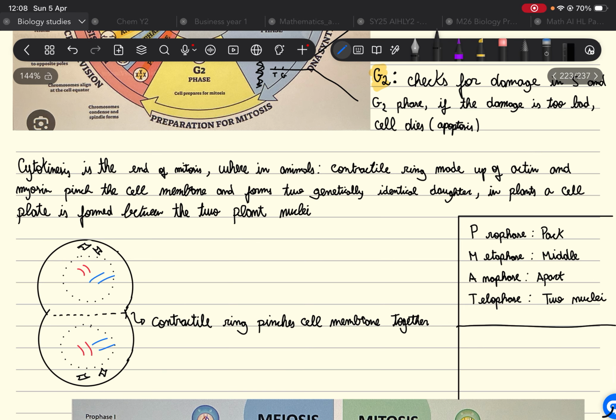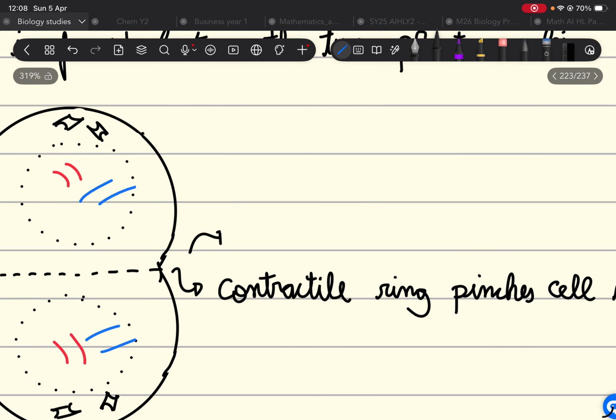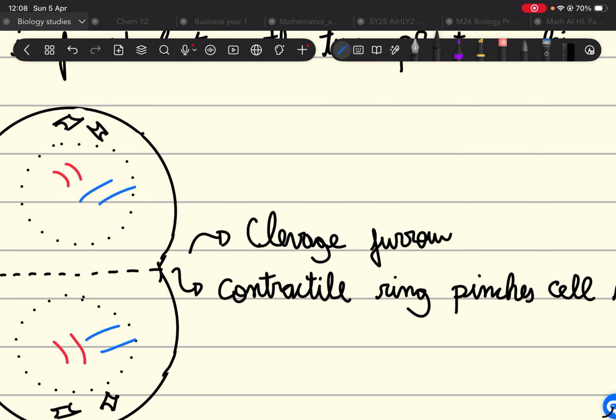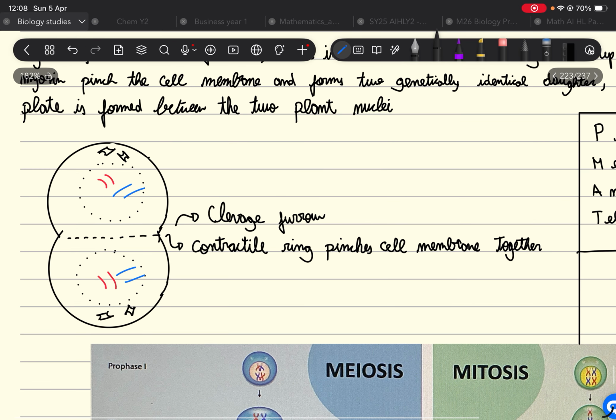So cytokinesis is the end, where in animals and in plants it's a different process. So in animals we call this the cleavage furrow, which is made up of this contractile ring that will pinch the cell membrane together. So imagine you have a bread, okay?